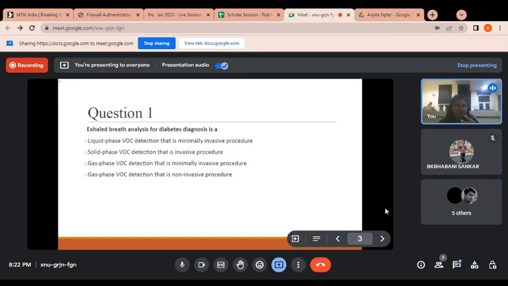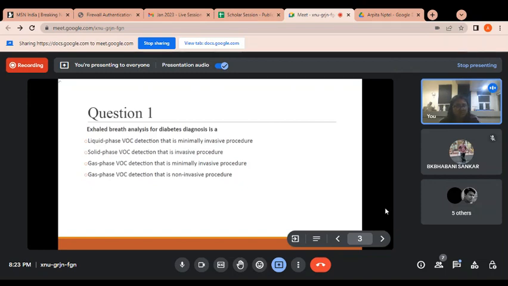What is mostly present when we exhale the breath? Carbon dioxide, the maximum percentage is carbon dioxide, and some other gases are also present in our exhaled breath. So here, from the exhaled breath they are detecting diabetes, right? So it is in gaseous form. The first clue is it is in exhaled breath, it is in gaseous form. The second clue, it is exhaled breath, it is detecting outside of the body.